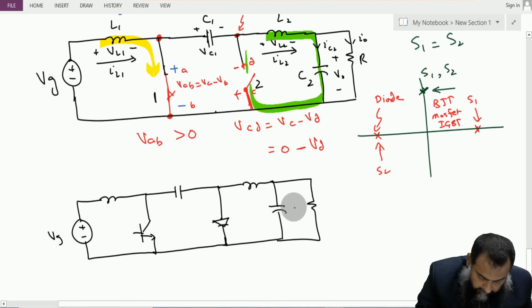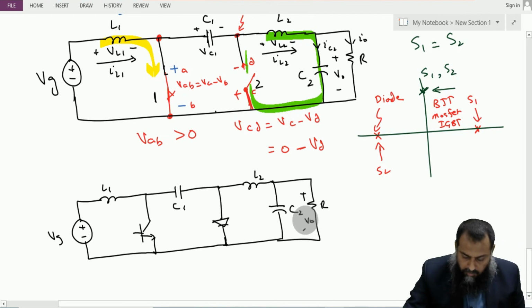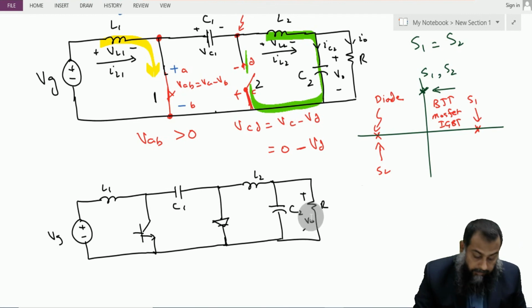This is C2, this is C1, this is L1, this is L2, this is R, this is V0, and that's how we realize this particular converter. As far as this converter is concerned, it has an inverse polarity at the output, so it can only be used in those applications where the reversal of the polarity is not a big issue.